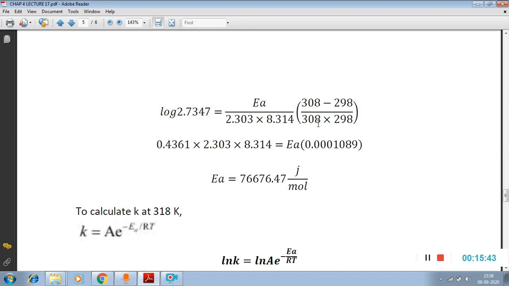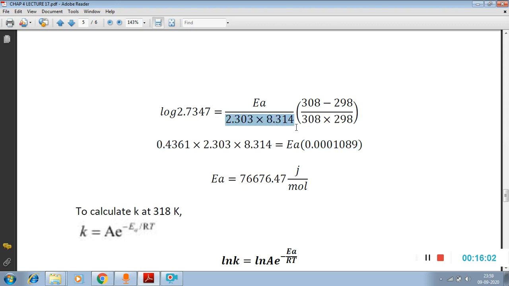Now this value will be 0.0001089, and log 2.7347, that is 0.4361.